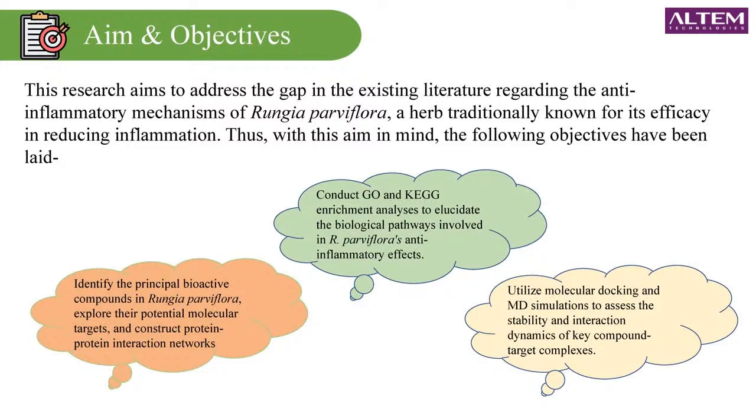Next, we went for the GO and the KEGG enrichment analysis to understand the biological pathways involved in Rungia's anti-inflammatory effects. And then we performed molecular docking and dynamic simulations to assess the stability and their interactions.